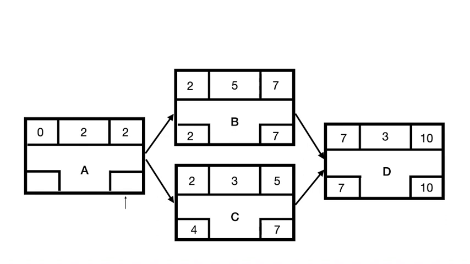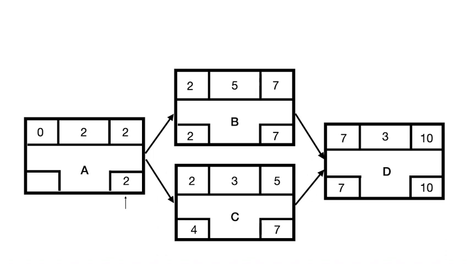Now, in order to calculate the late finish of activity A, we can see that there are two values, 2 and 4. Now, the latest point of time that this activity could finish would be equal to 2.